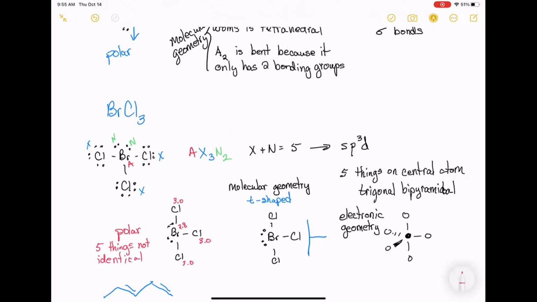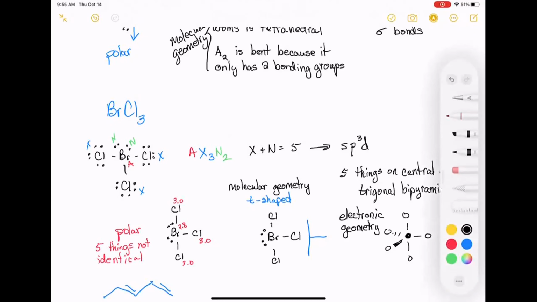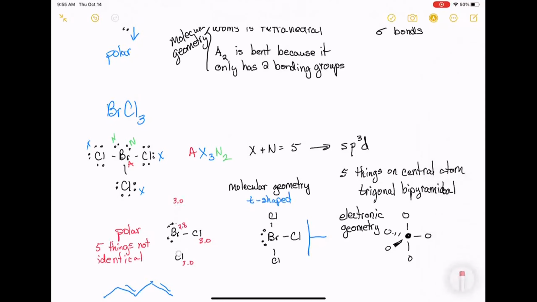The other thing you have to keep in mind is that while I've drawn it looking like a T, technically those chlorines are not perfectly at 90 degrees anymore. So once you see that, you can see that there is a slight polarity towards the chlorines.